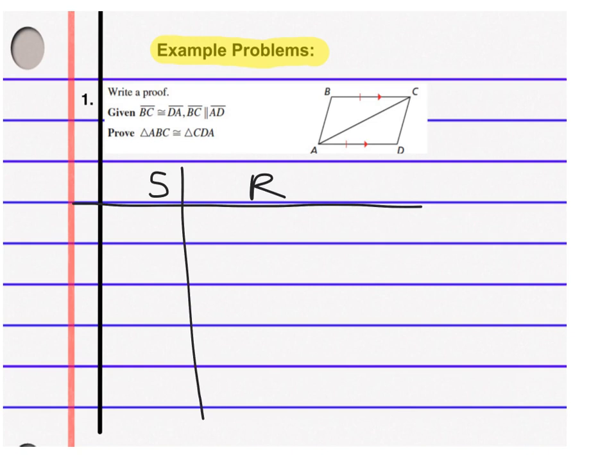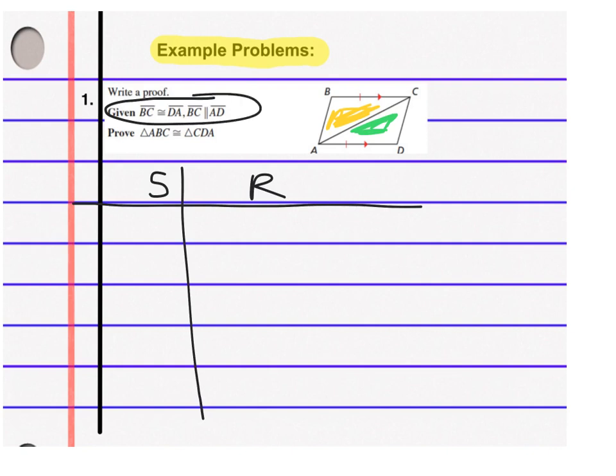So I always, well, let's think about this. I'm trying to prove that triangle ABC, so ABC is this yellow triangle, is congruent to triangle CDA. So I'm going to start with what was given to me.